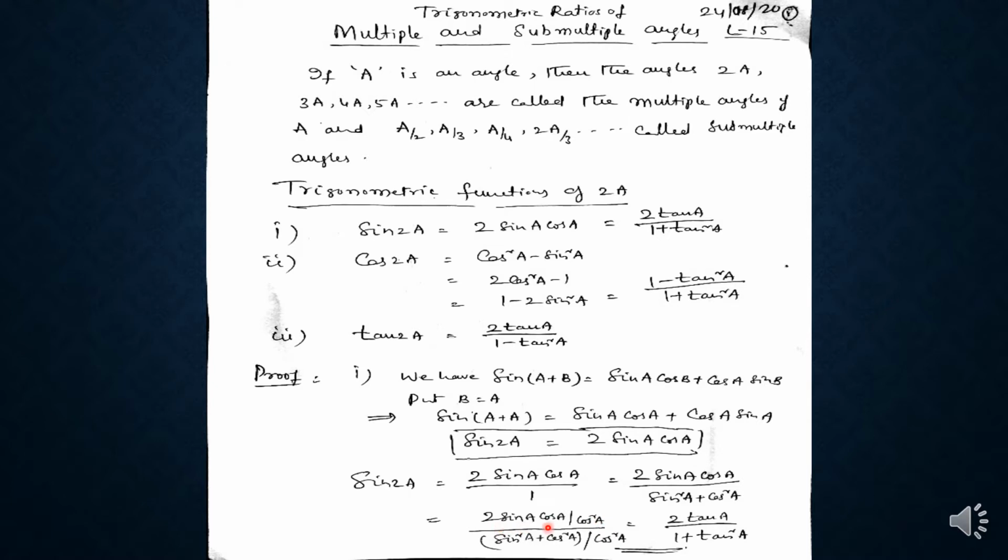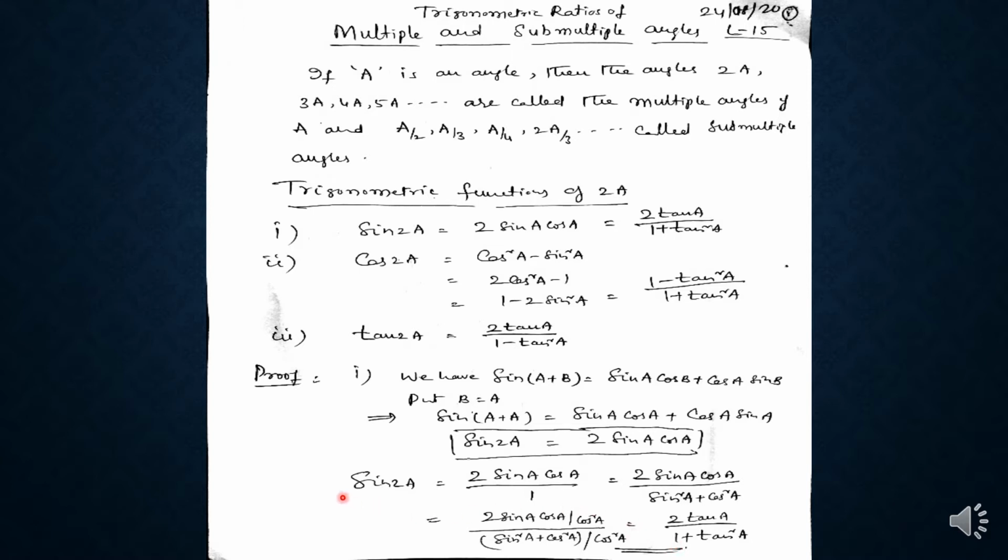We will get 2 sin A by cos A. So sin A by cos A can be written as tan A. The numerator becomes 2 tan A, divided by, in the denominator, sin square A by cos square A plus cos square A by cos square A. That is, sin square A by cos square A can be written as tan square A, plus cos square A by cos square A can be written as 1. So this becomes tan square A plus 1, which can be written as 1 plus tan square A.